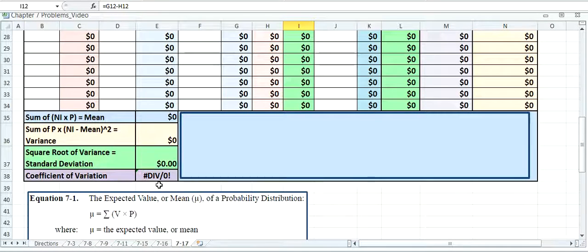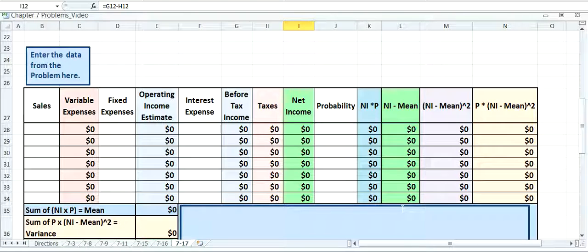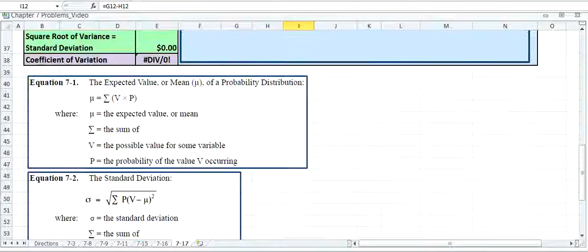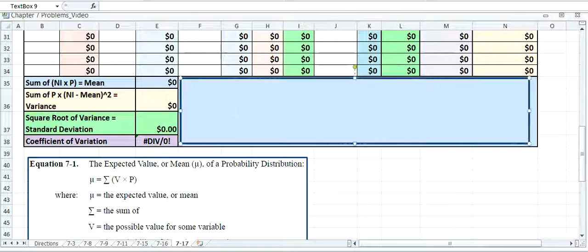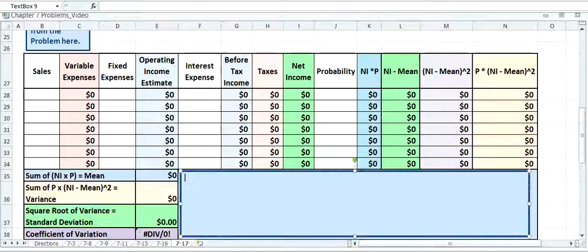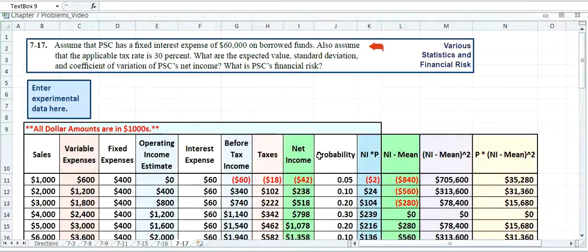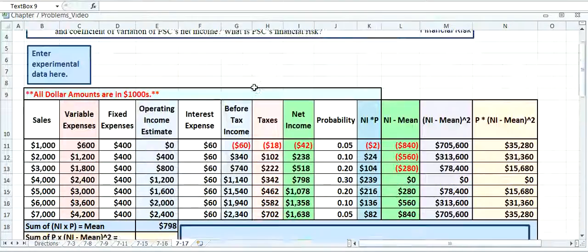The difference between those two is going to be your financial risk, and you can explain that right here in this blue text box in the lower table that you're going to use for the problem, because it's asking you what are the expected value, the standard deviation, and the coefficient of variation of the net income, and what is the financial risk.